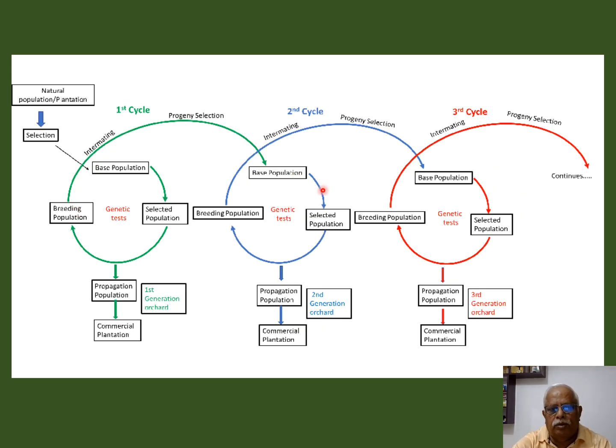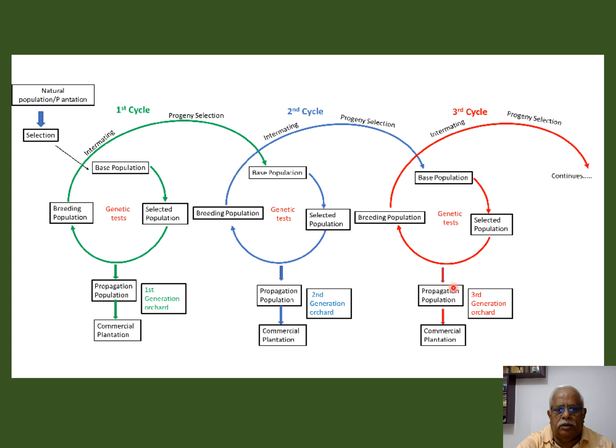Again it will continue: selected population, and from the selected population a few will become the breeding population, and that will go further for the third generation of breeding. And in the second generation, when you establish the production population, a commercial seed orchard, we call it a second generation seed orchard. And likewise it will continue in the third generation: base population, selected population, and breeding population. Like that it will continue.